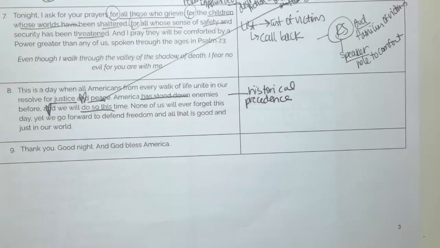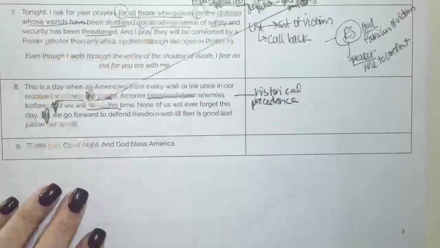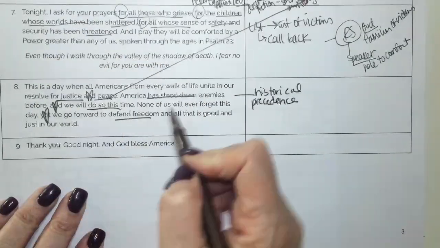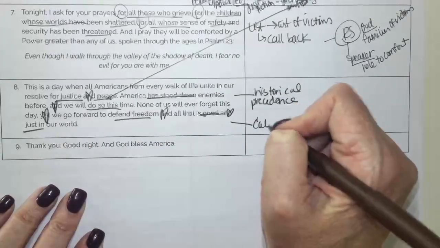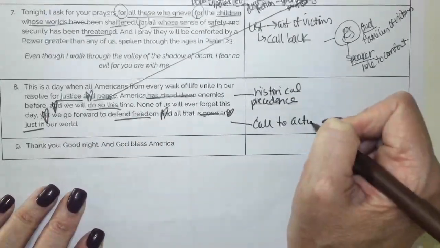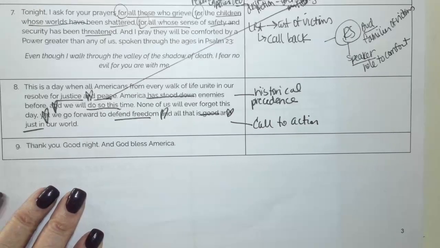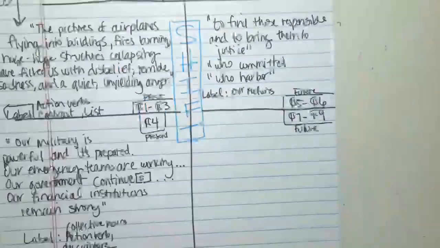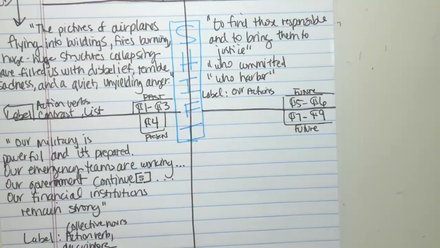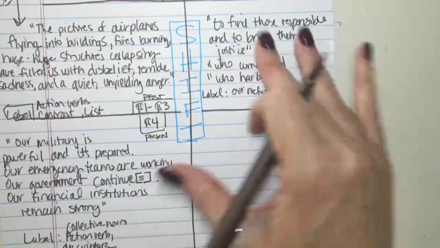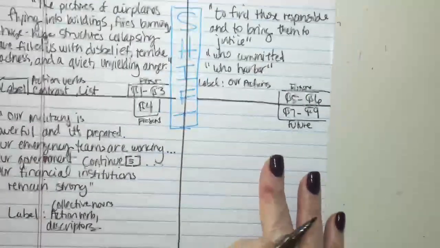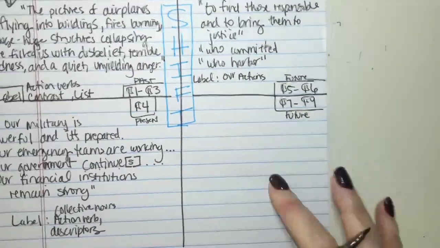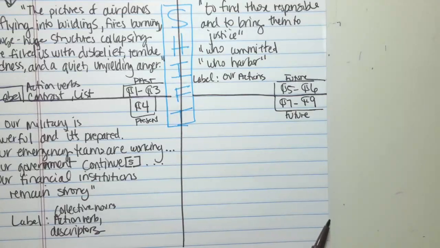None of us will ever forget this day, yet we go forward to defend freedom and all that is good and just in our world. I would say that's a call to action. So if I were to take, this is looking at the future of what we will do, 7 through 9, what would be a good piece of evidence that we would use there?